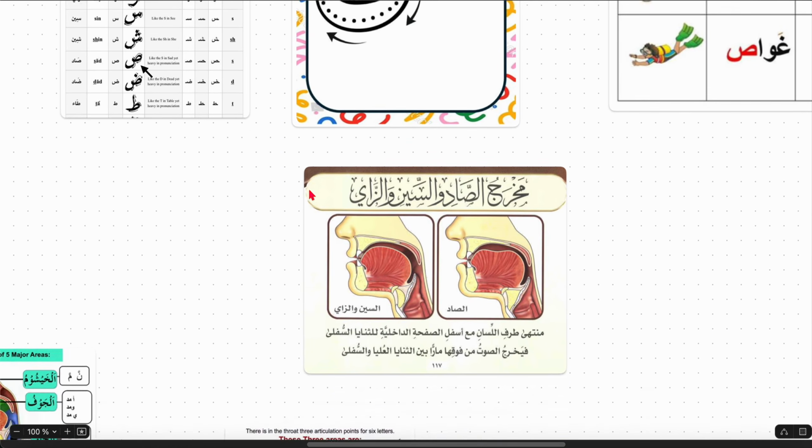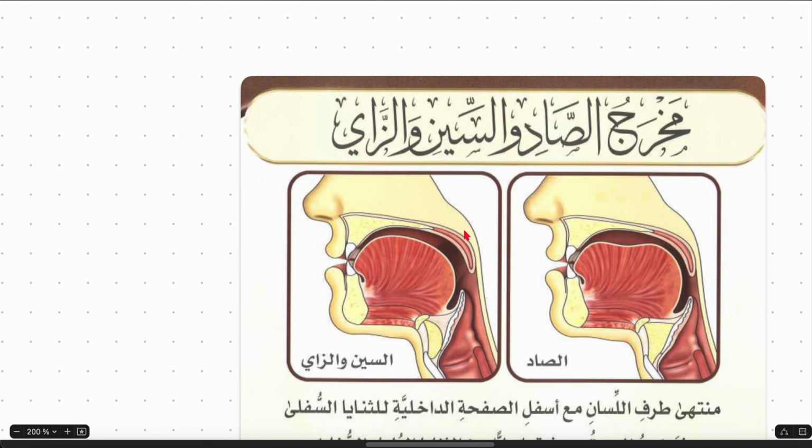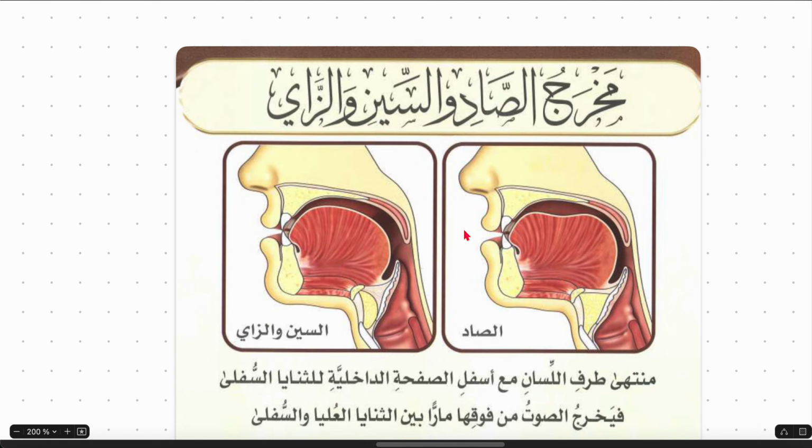Now the articulation point. I will say that the letter Sad is pronounced when the tip of the tongue touches the inner bottom of the lower front teeth, and the air flows out between the upper and lower teeth from here, like this here.